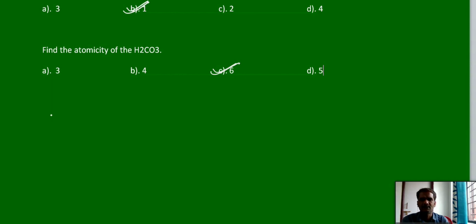And I'll ask you one more question here. What is the atomicity of blue vitriol? You should know what is the blue vitriol. Find out, tell me. What is the blue vitriol first of all? Any idea about the compound blue vitriol?